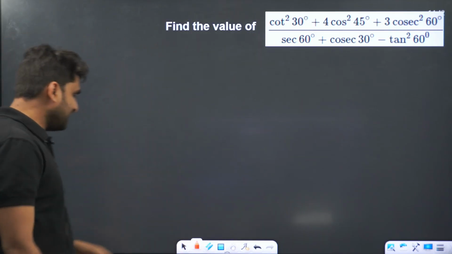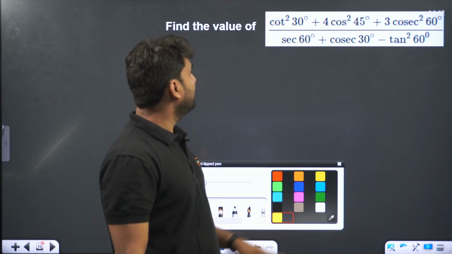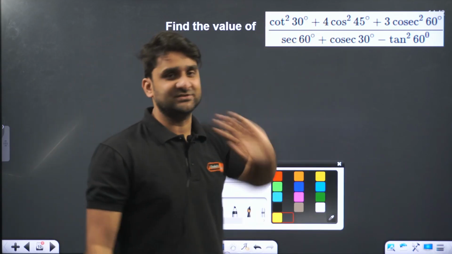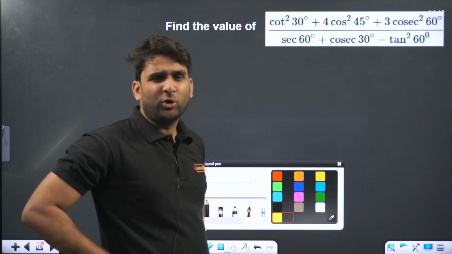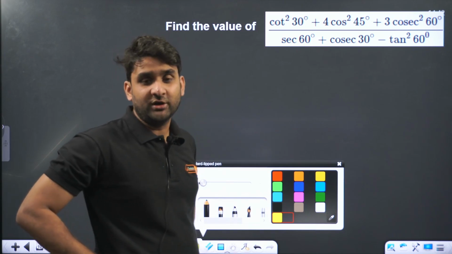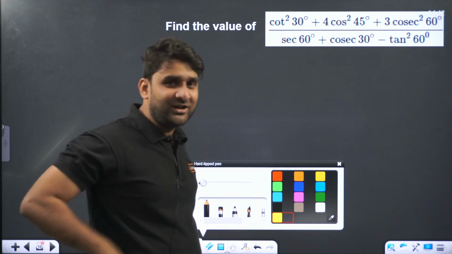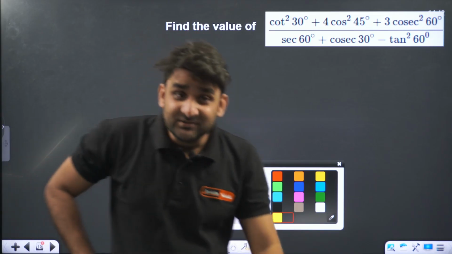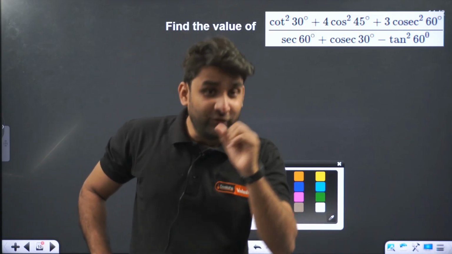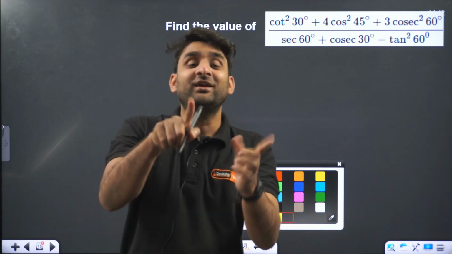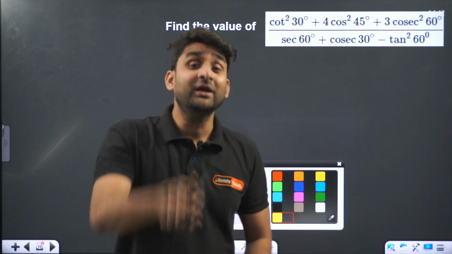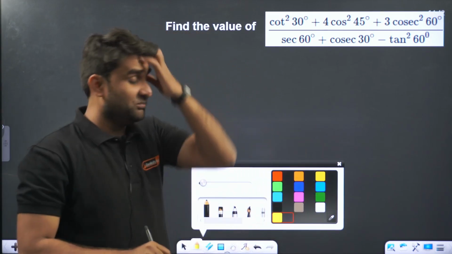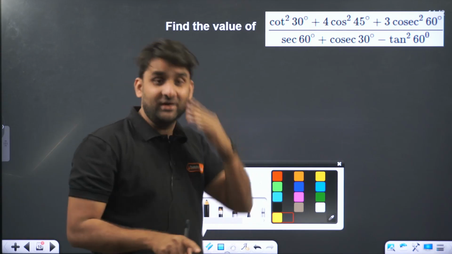Find the value of this. Very good. So we have cot 30. Sir, I don't know cot 30. What should be the value of cot 30? But you should know tan 30. What is tan 30, guys? Tan 30 is equal to 1 by root 3. So if tan 30 is 1 by root 3, what should be cot 30? Cot 30 would be root 3 by 1, because cot and tan are reciprocal, guys.